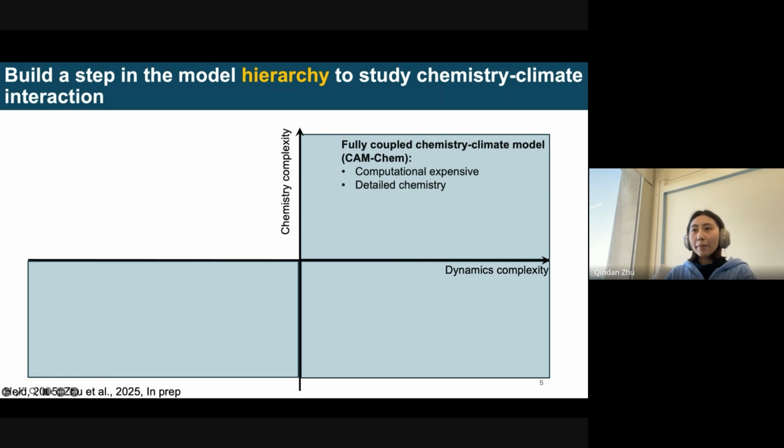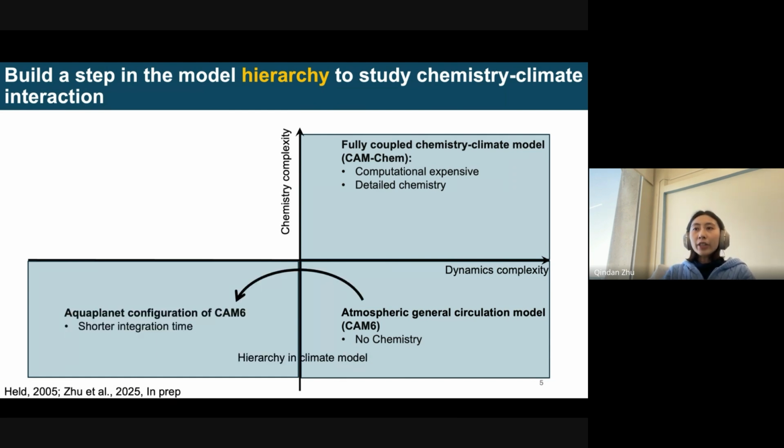We have CAM-Chem in the top right quadrant, with detailed chemistry but intense computation costs. We have CAM6 in the bottom right quadrant, with the same complexity in the dynamics, but with very simplified or simply no chemistry.